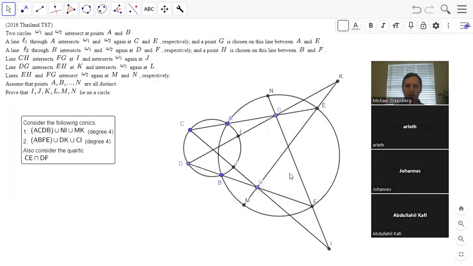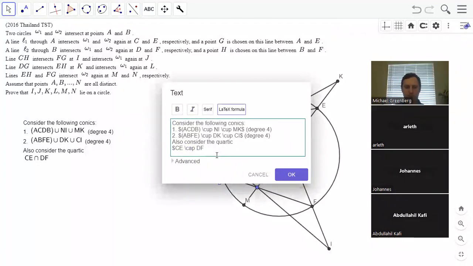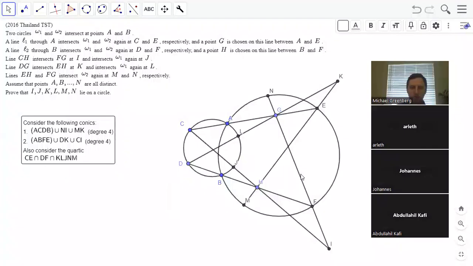So CE, DF, and like KN, JL, MI, through 5 of those. Okay. Because we don't know yet that all 6 of those lie on a conic. That's part of what we want to prove.